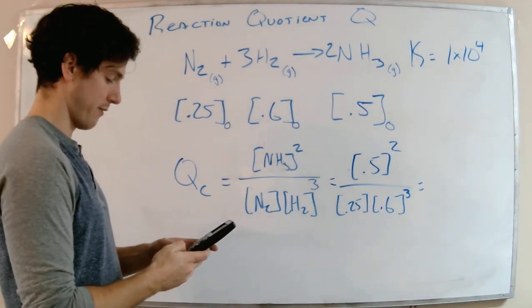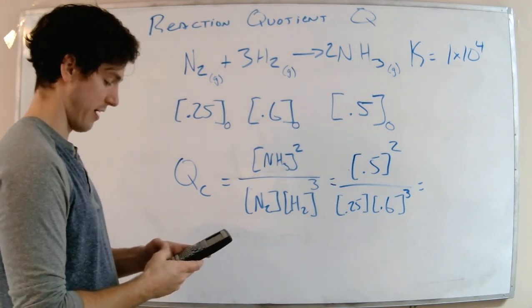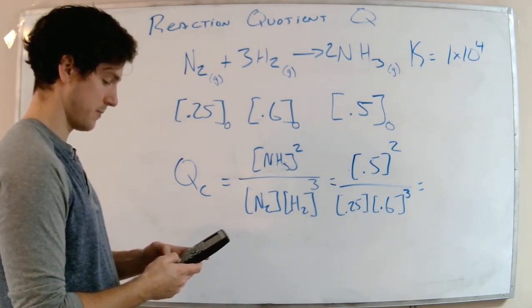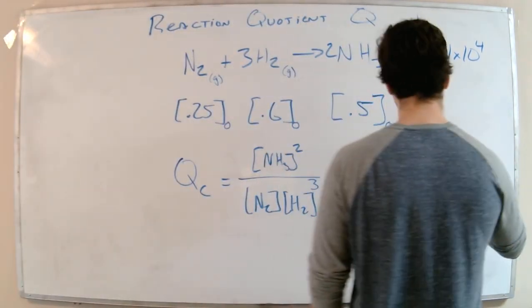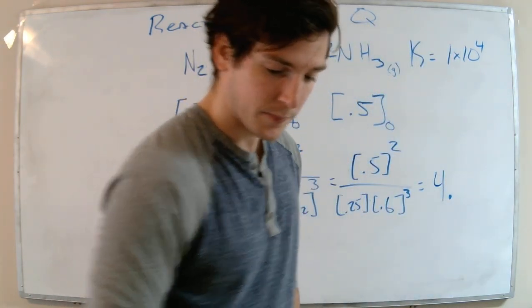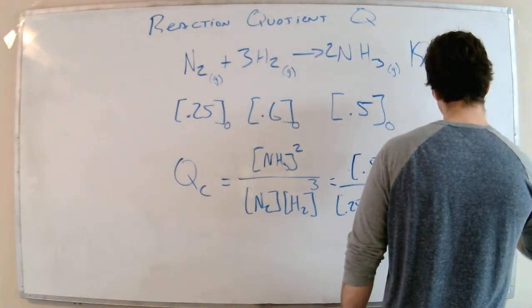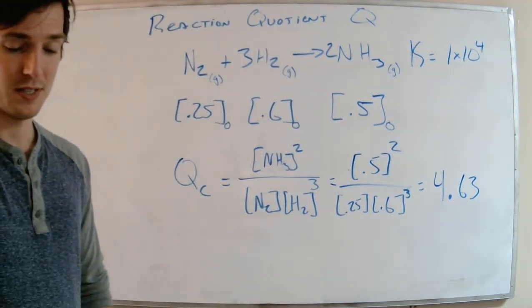So I'm going to do 0.5 squared divided by 0.25 times 0.6 cubed. And that gives me a Q of 4.63. So you have now found Q.